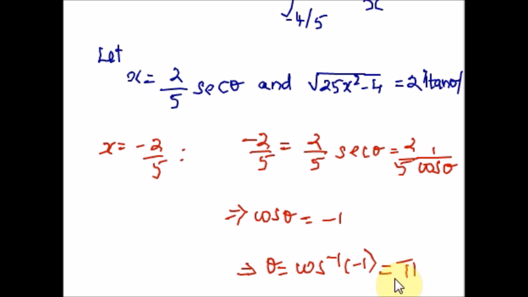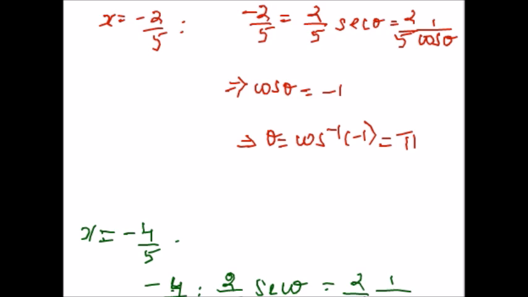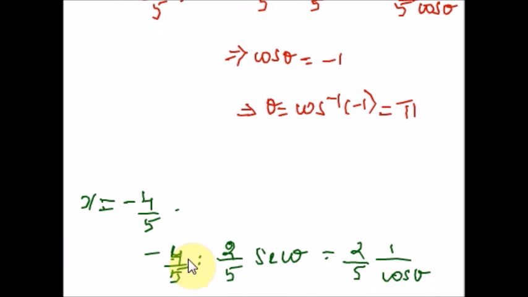Same way, you can also find the theta value when x is equal to negative 4 over 5. If I plug in negative 4 over 5 on the left side of the substitution, I get negative 4 over 5 equal to 2 over 5 secant theta. Secant theta is nothing but 1 over cos theta.